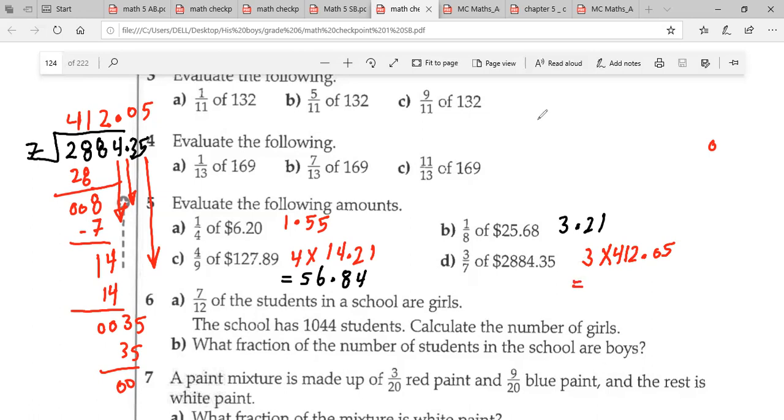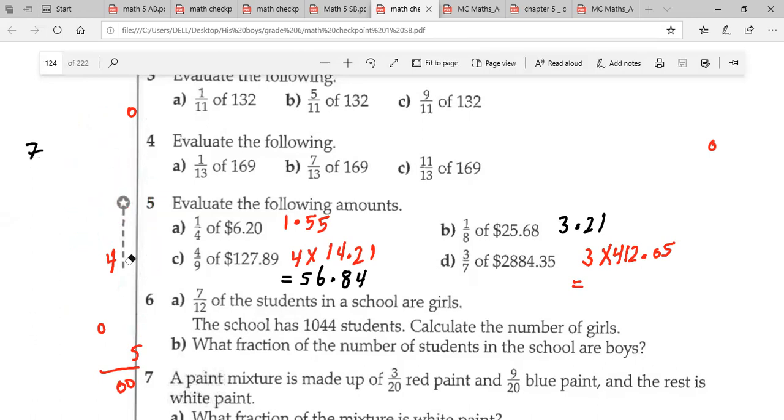How to multiply? Don't forget the decimal point, and just multiply the digits by 3. We have 412.05 multiplied by 3.